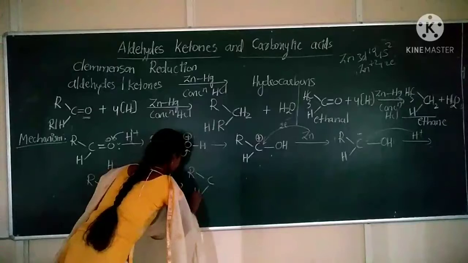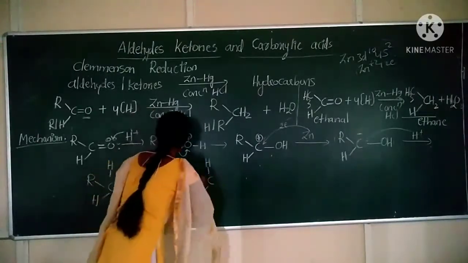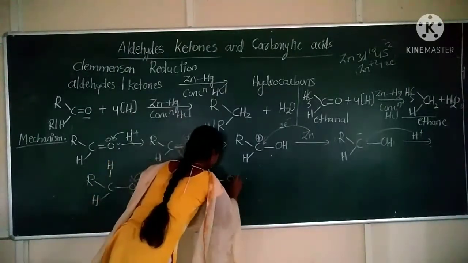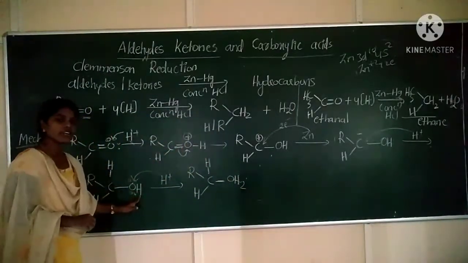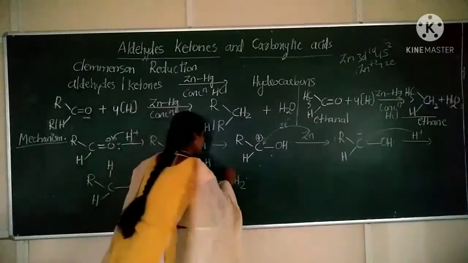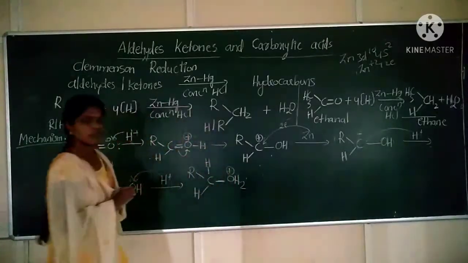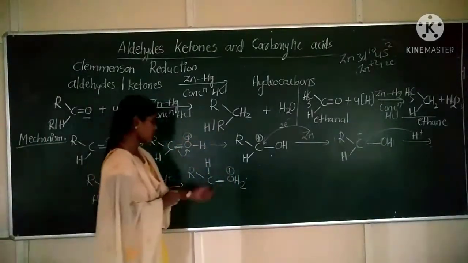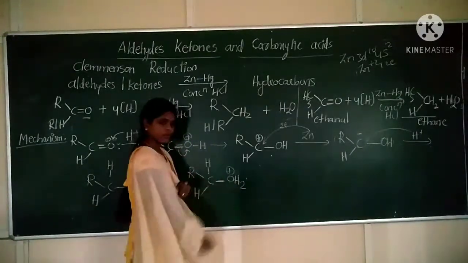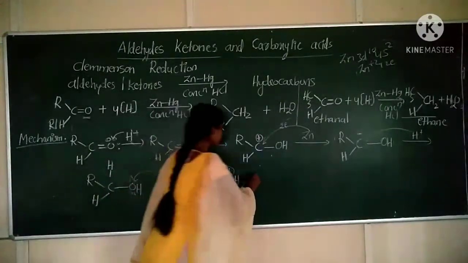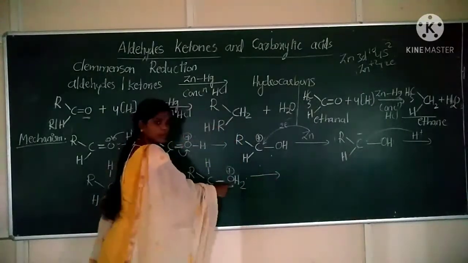R C H H, and now it will form OH2. Oxygen is carrying positive charge. Why? Because 3 bonds are there, 1 bond and 2 hydrogens. Clear? Now in the next step, this is unstable.